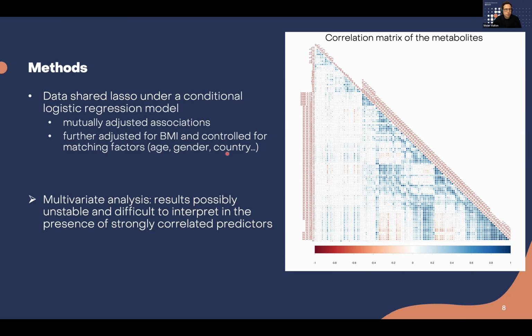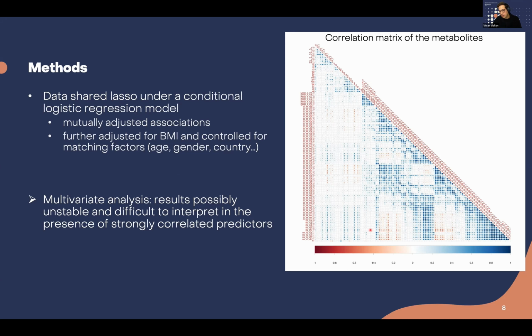Something important to note, though, is that as with most multivariate analyses, the results of the data shared lasso can be quite unstable and difficult to interpret in the presence of strongly correlated predictors, or metabolites in our case.